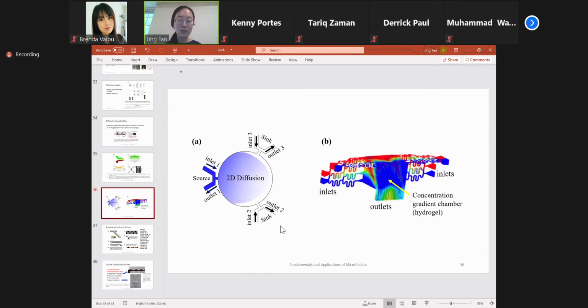Then in this case, we can actually generate a 2D concentration gradient, right?